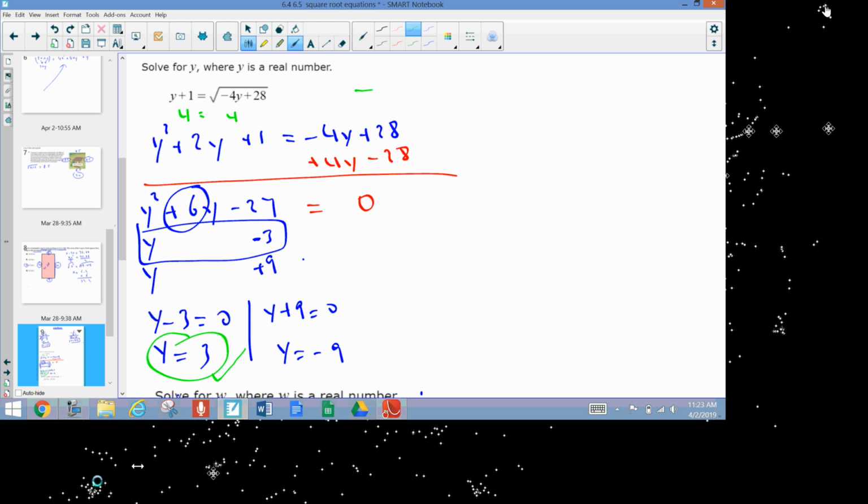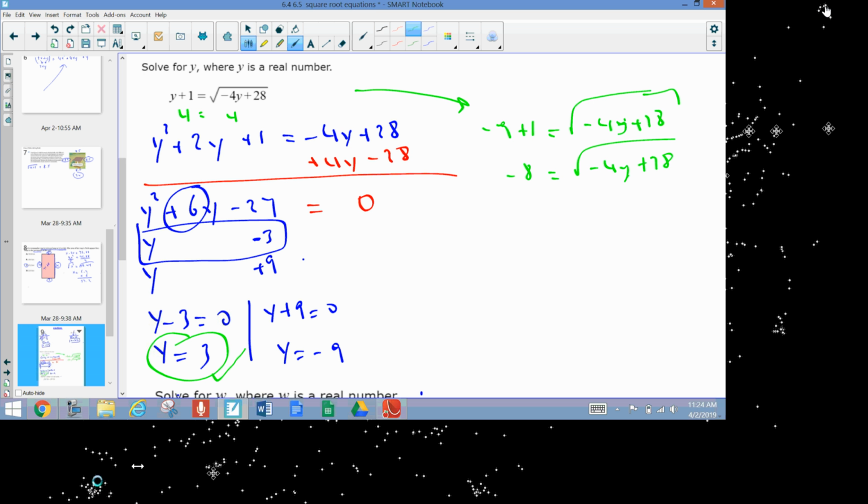And let me plug in negative 9 here. Negative 9 plus 1 is equal to negative 8. So in this case, you guys don't need to think anything else.